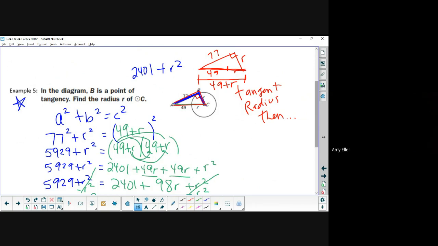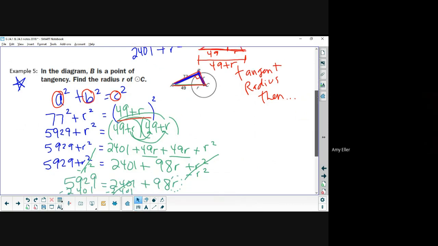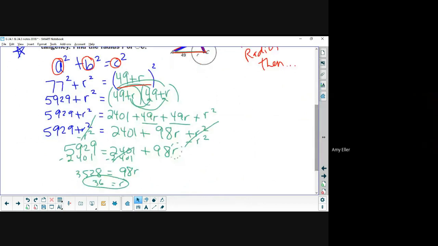So we put in 77, r, and the c was 49 plus r. So the setup is a little bit more complicated, and then the algebra has a few extra steps. Okay, make sure you have this so you can look back at this question. We'll do more like this in class. This is a good one to look back at.